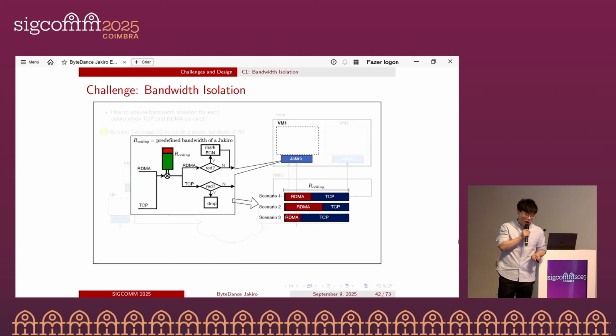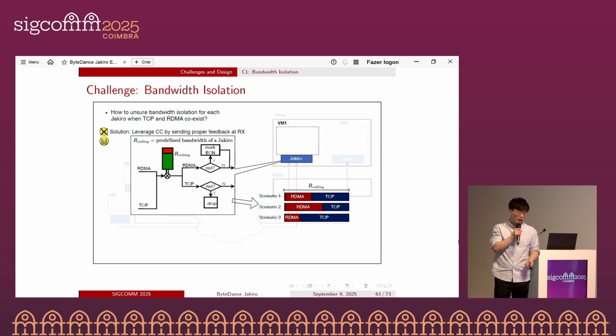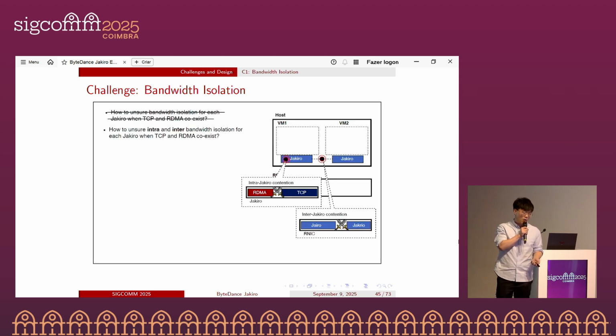Okay, but the bad news is that this solution only works for the inter-bandwidth isolation. So within each VNIC, we are not able to control the ratio of RDMA and TCP when contention happens. Okay, so we realize that what we should do is try to ensure both intra and inter bandwidth isolation for each Jakiro when TCP and RDMA coexist.